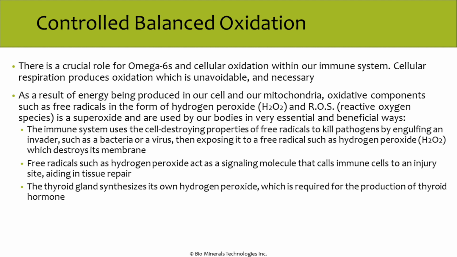Free radicals such as hydrogen peroxide act as a signaling molecule that calls immune cells to an injury site, aiding in tissue repair. Our thyroid gland synthesizes its own hydrogen peroxide, which is required for the production of thyroid hormones.